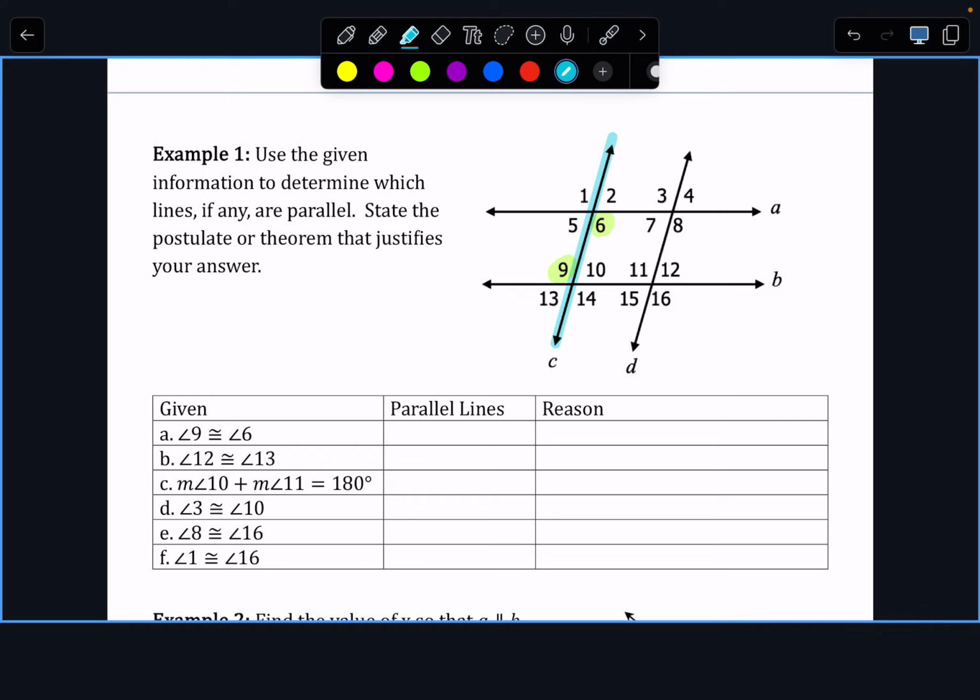They are alternate interior angles that are congruent, forcing which two lines to be parallel? A and B. C is the transversal, so we look at the other two, A and B. So we're going to write A is parallel to B because of our alternate interior angles converse.